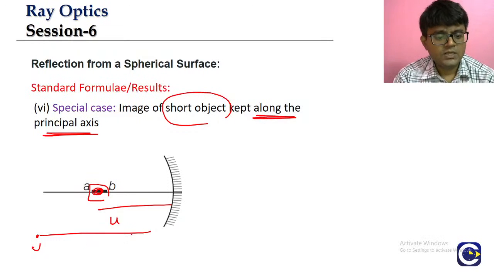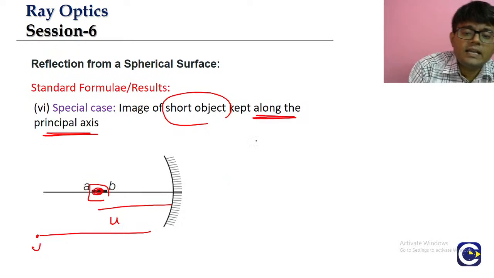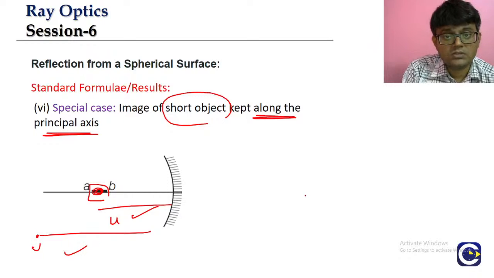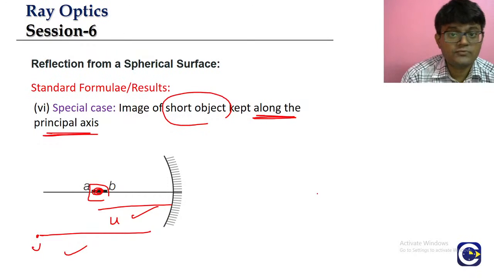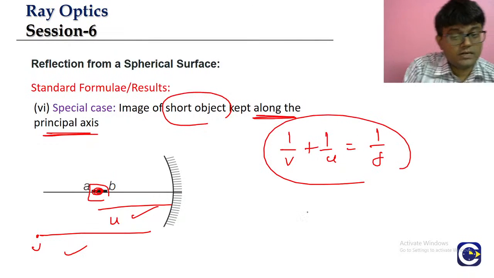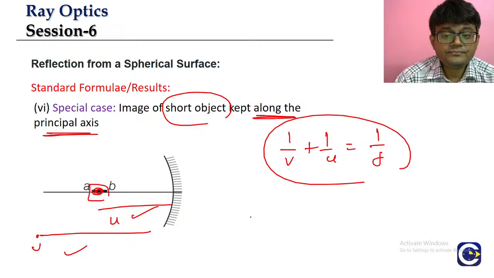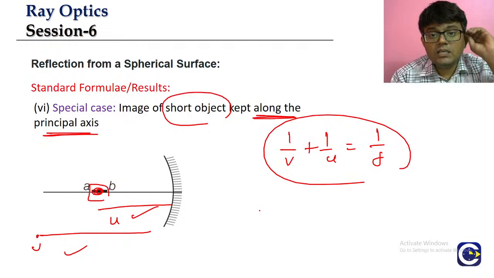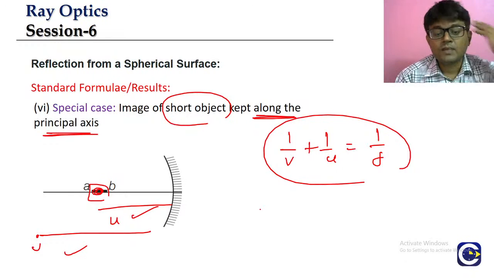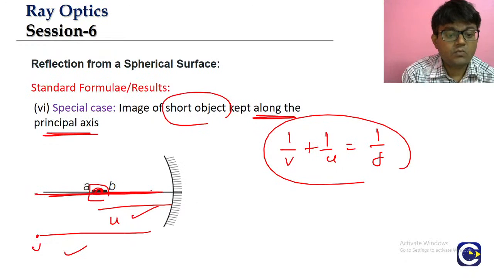Correct? So let us look at the relation between the u value and v value. It is the relation that we have been talking about for a lot of time: the mirror equation, 1 by v plus 1 by u is equal to 1 by f. Now remember, when we did the image velocity component and object velocity component relation along the principal axis, what did we do?